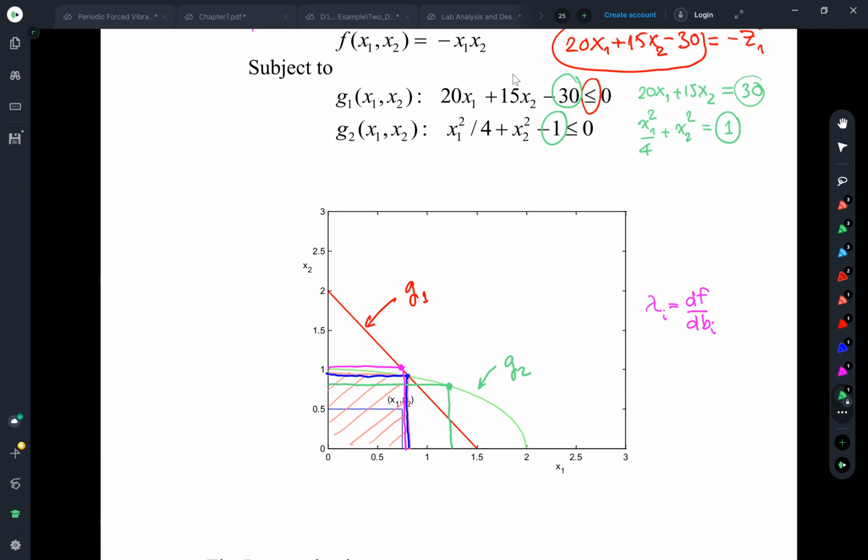How about this? If you ask me, okay, teacher, you can have the area or the land. I put the line like this, G1, and I put the curve G2 like this.